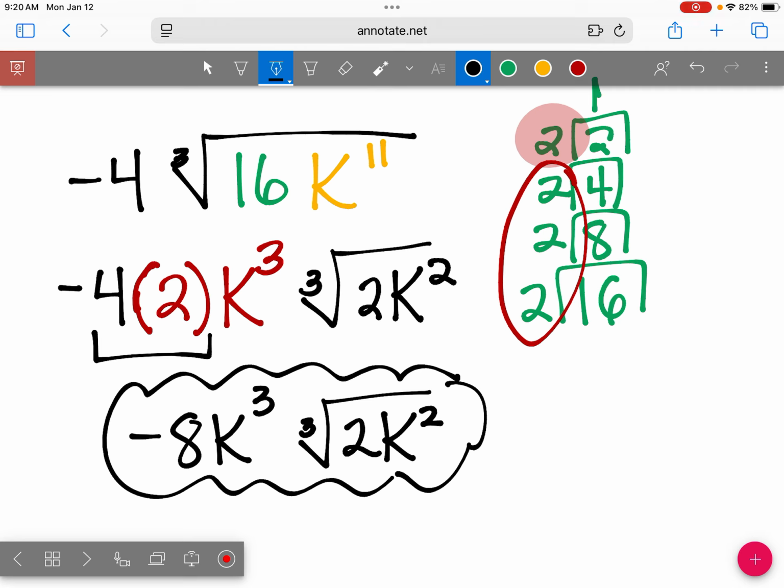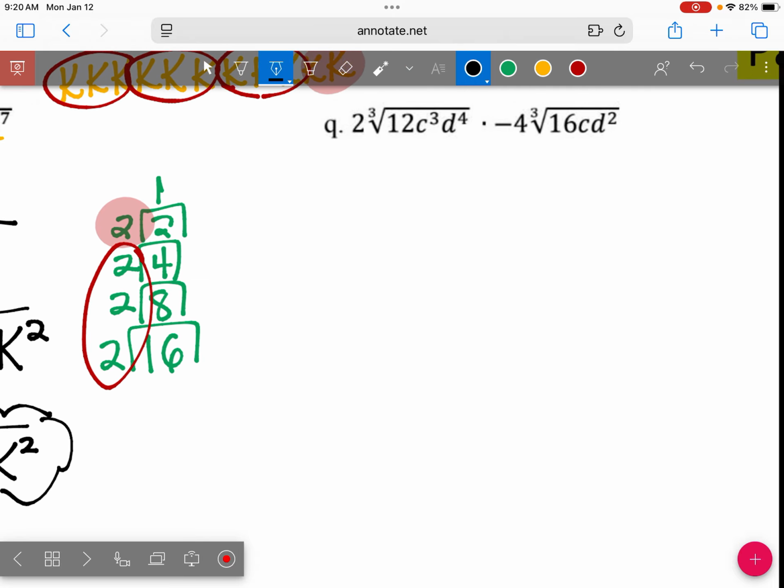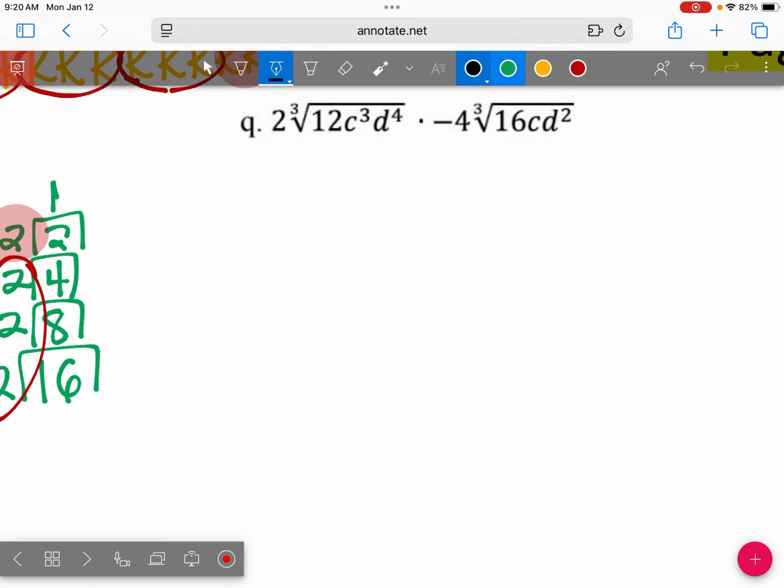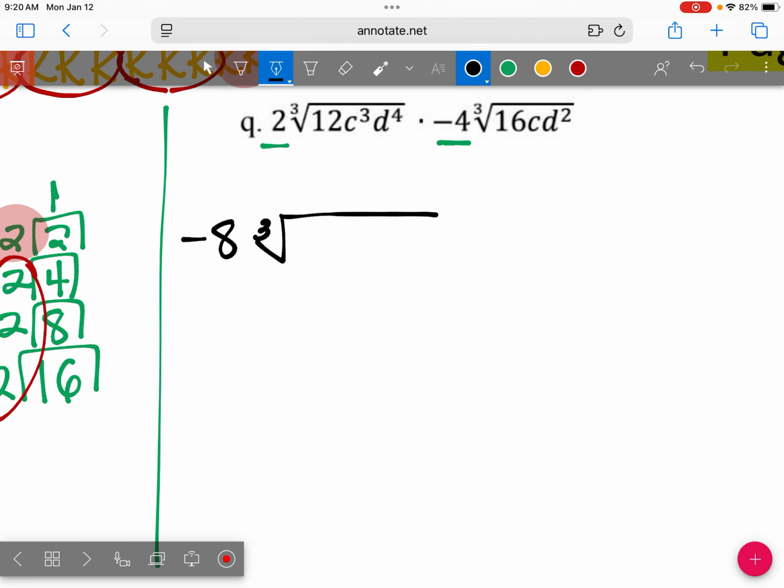All right, last one. Now we got a tall cake, y'all. This is a tall one. So first of all, we got to multiply this 2 times -4, which gives me a -8. All right, now pick up your calculators.